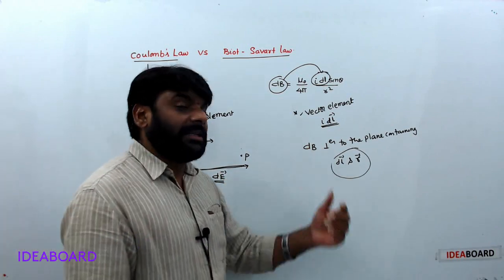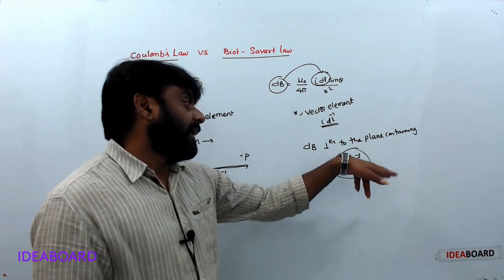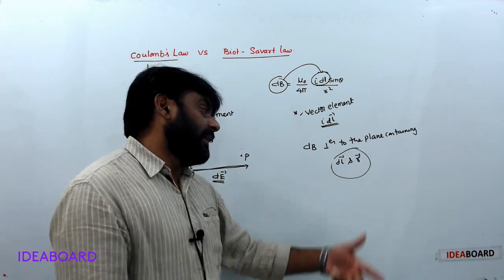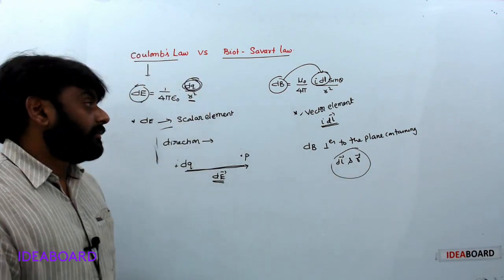But here dB is always perpendicular to the plane containing dl bar and r bar.